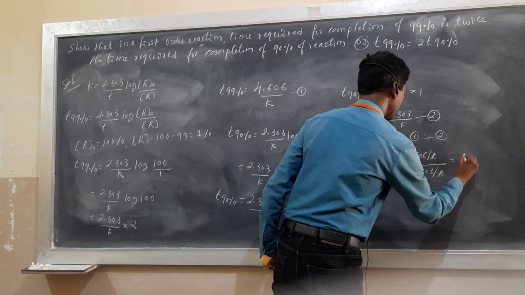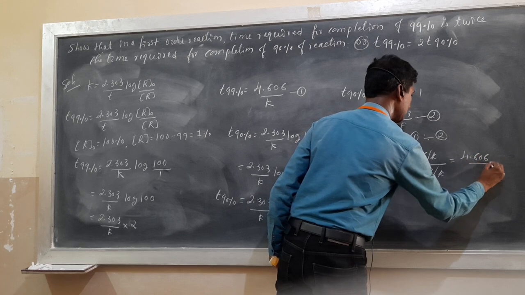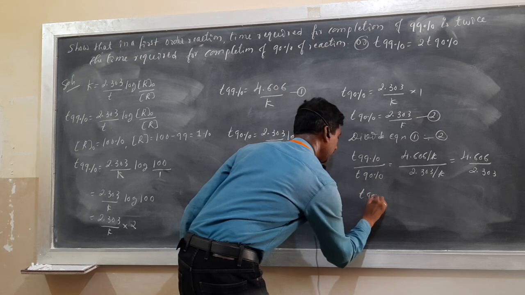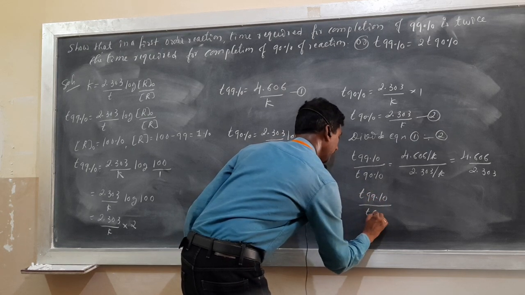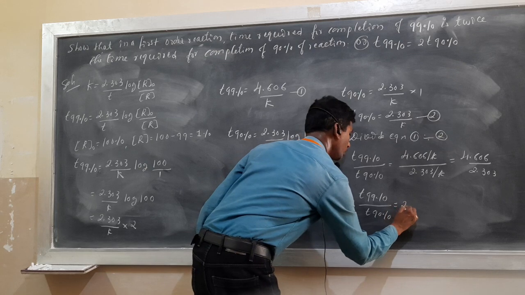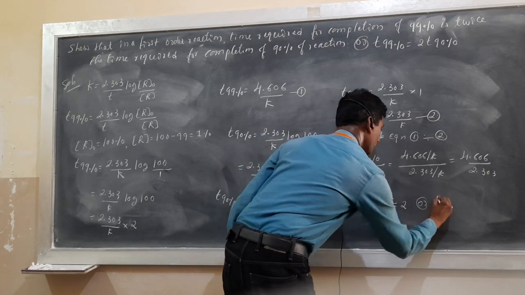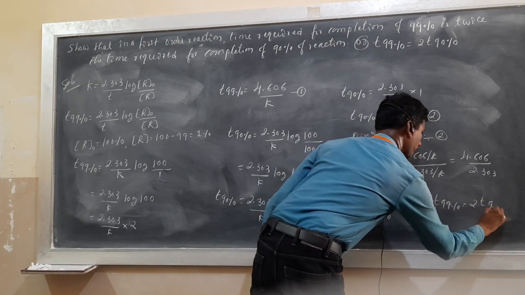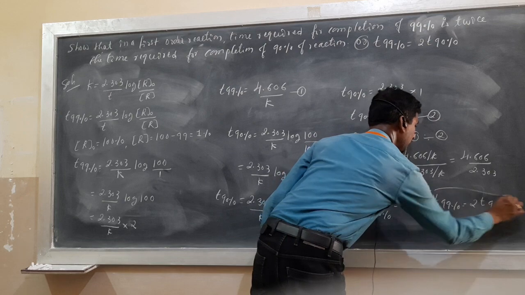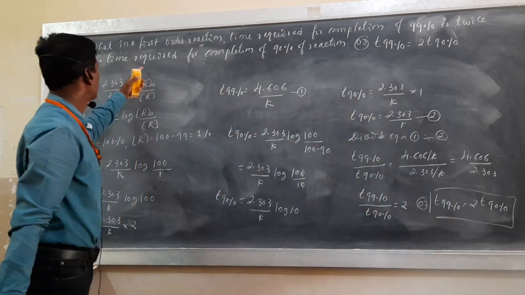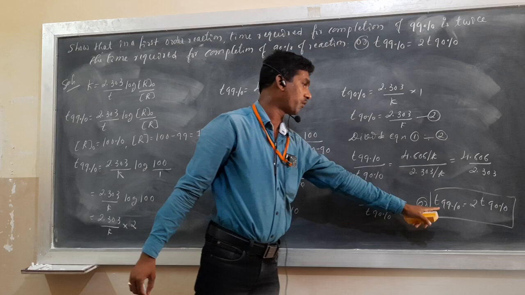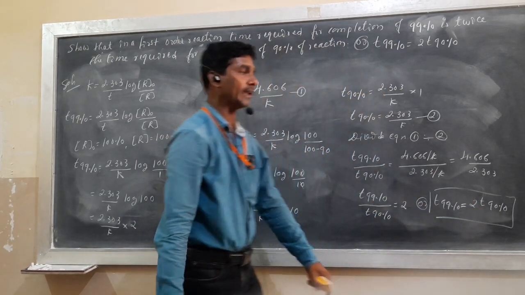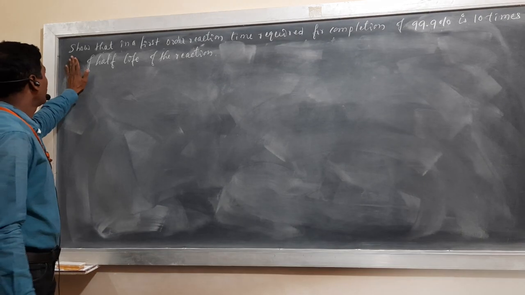What is the remaining? 4.606 divided by 2.303, so T99% divided by T90% is equal to 2, or T99% is equal to 2 times T90%. So this shows, or proves, that the time required for 99% is equal to 2 times T90%. Already the first problem is over.